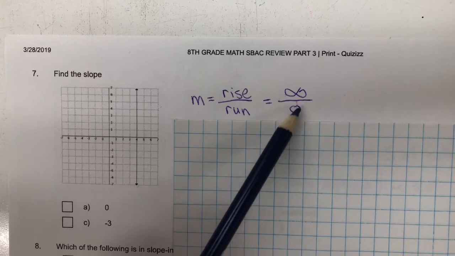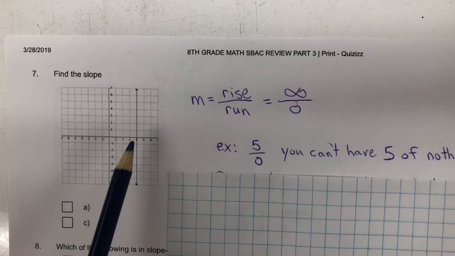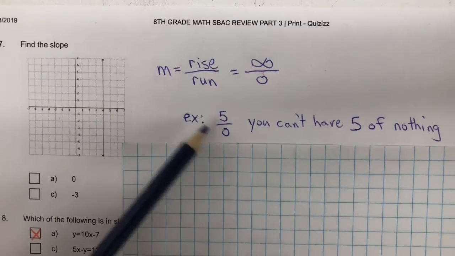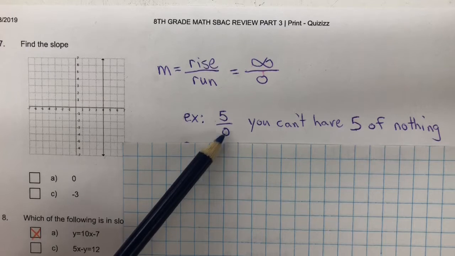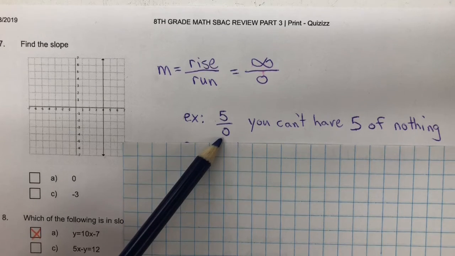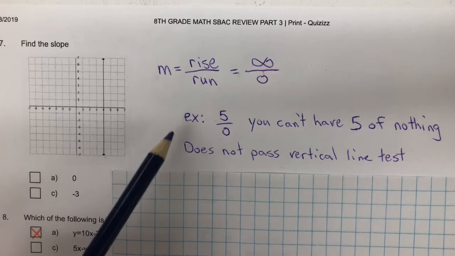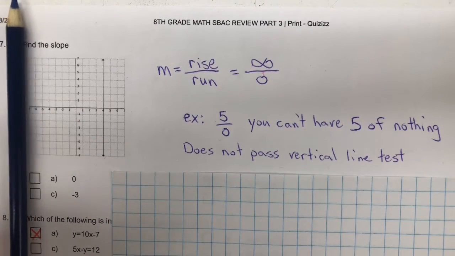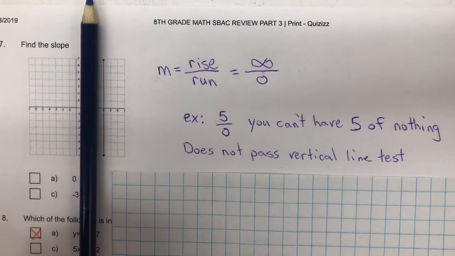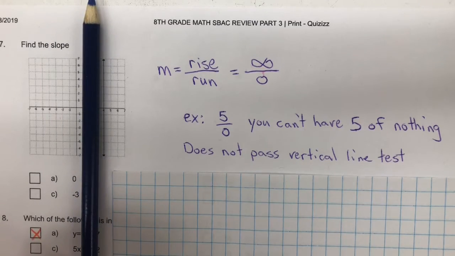If you have 0 as the denominator, here's an example, 5 divided by 0. You can't have 5 of nothing. So it's undefined. And remember the vertical line test. This does not pass the vertical line test.